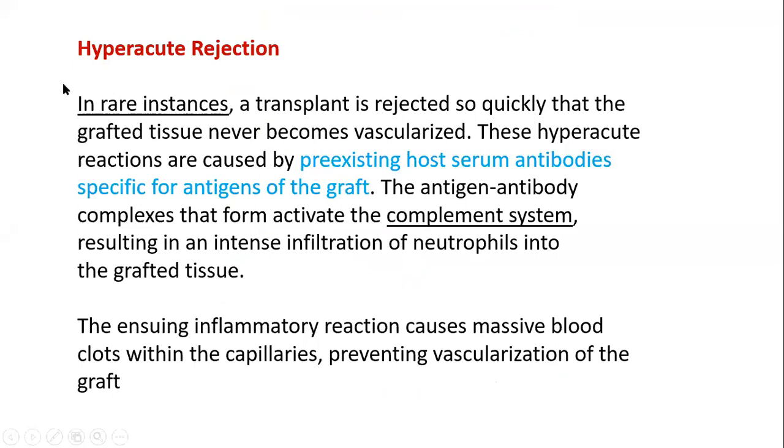And why does it happen? Because it is associated with specific antibodies, called serum antibodies or alloantibodies, already present in the body. So let's say a patient X who is planning for a heart transplant is looking for a donor. Sometimes they find a match, but they can't identify that the person who needs the heart himself has some antibodies, acquired somehow by prior blood transfusion or some other mechanism.